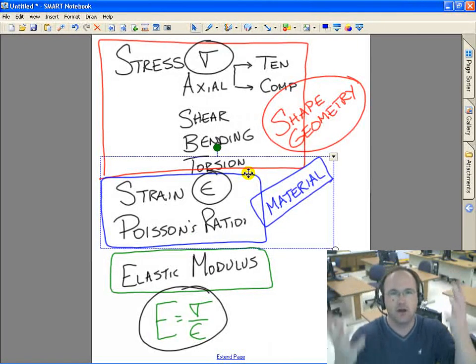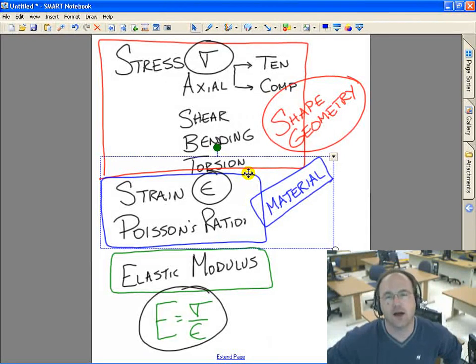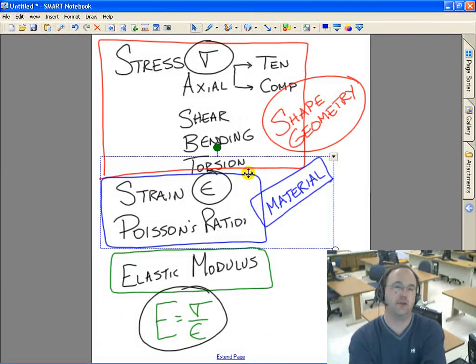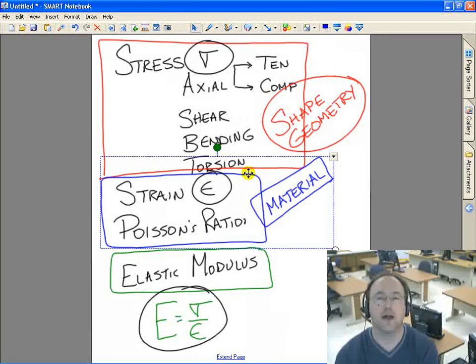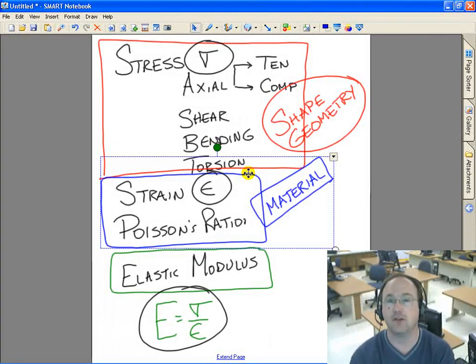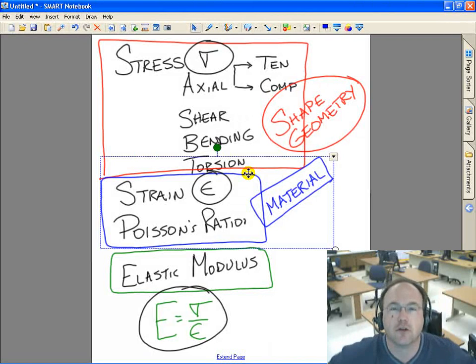These are the components of how these interact and how material, an object, is able to resist an externally applied load, assuming, once again, that it's homogeneous, isotropic, linear, elastic, and assuming that the structure has maintained structural integrity, meaning it hasn't gone beyond its elastic limit. Once you go beyond the elastic limit, these equations change.